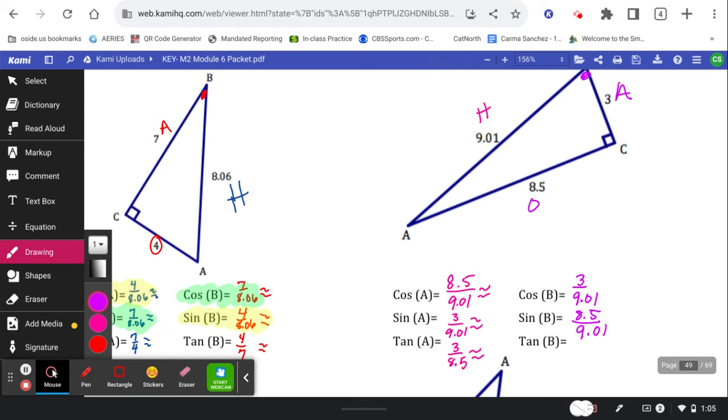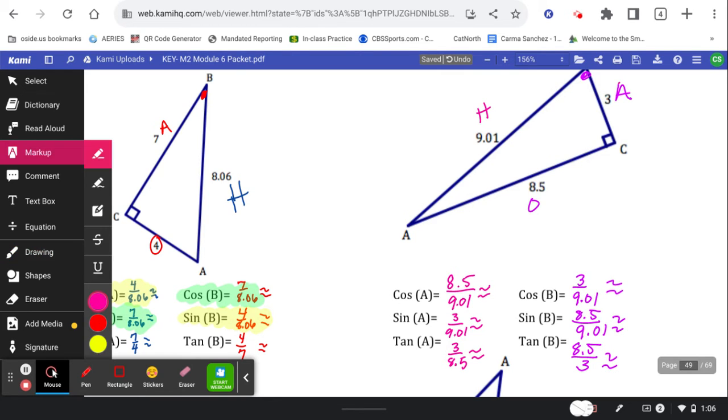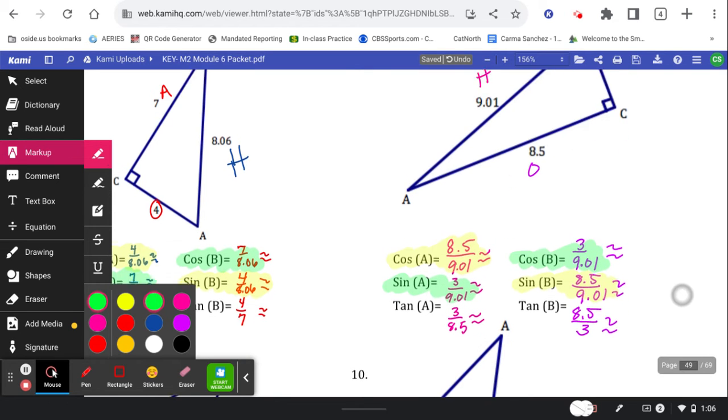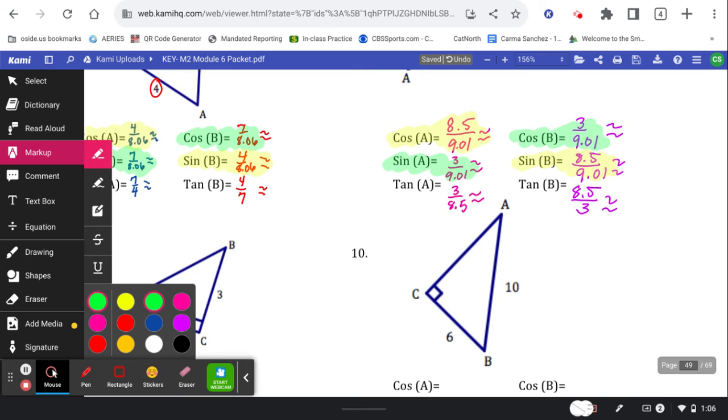Tangent of B, opposite over adjacent. Get me the decimals for all three of those, please. And we notice again that the cosine of A is equal to the sine of B. Sine of A is equal to the cosine of B. And then there's our reciprocals.